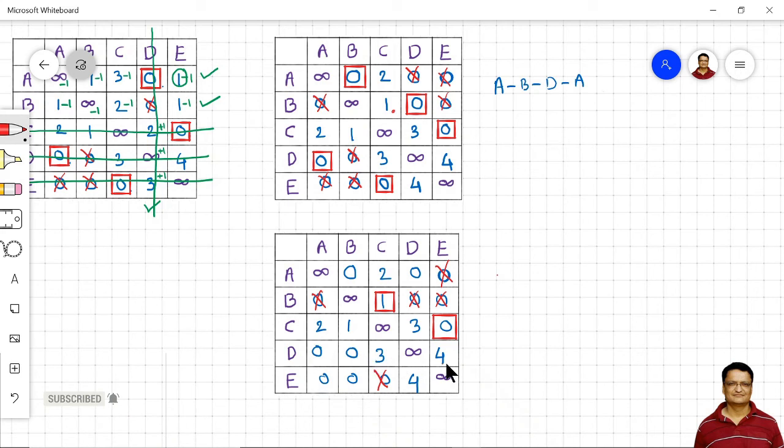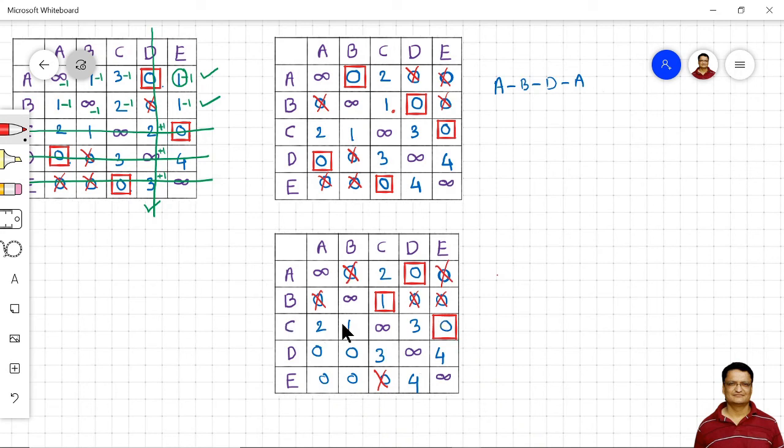Now looking in the columns with only one uncrossed 0, at this particular column D I will get only one uncrossed 0, so I will make one allocation at this point and I will cross out this 0.